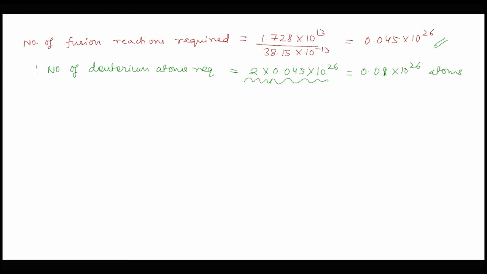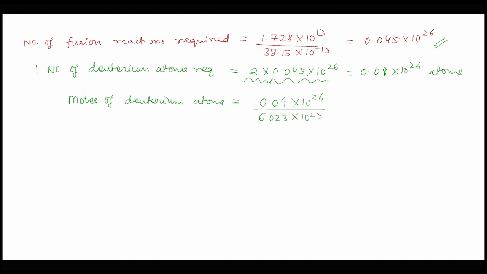If we calculate the number of moles of deuterium atoms, it can be calculated by dividing by the Avogadro number. So we obtain 0.09 into 10 to the power 26 atoms divided by the Avogadro number, that is 6.023 into 10 to the power 23.